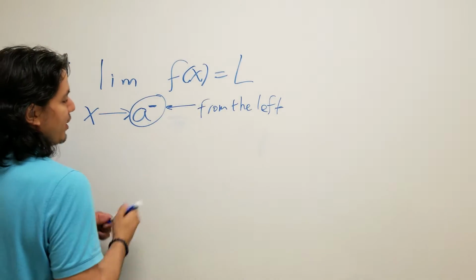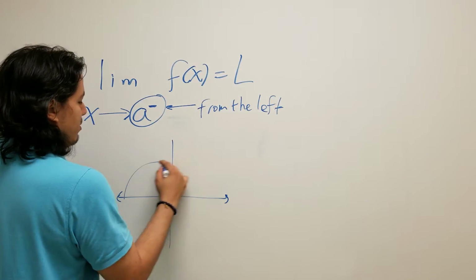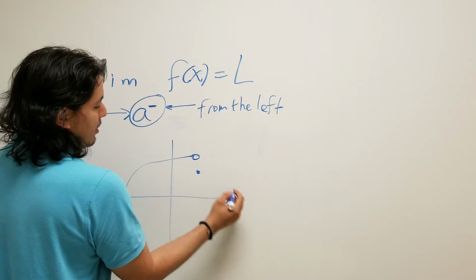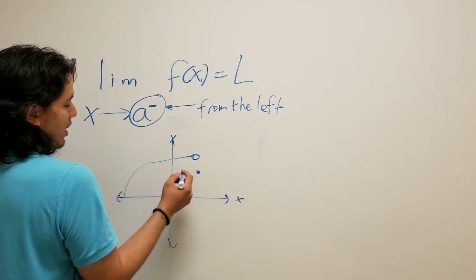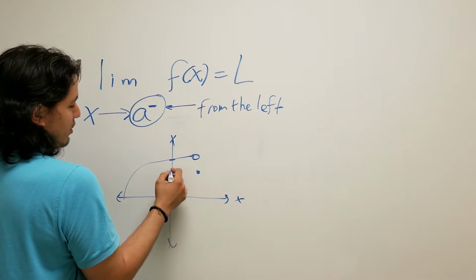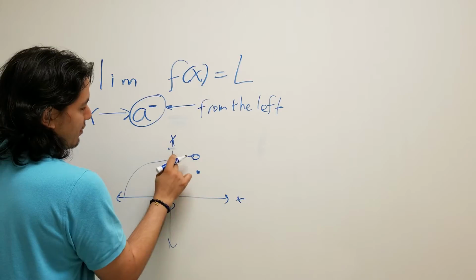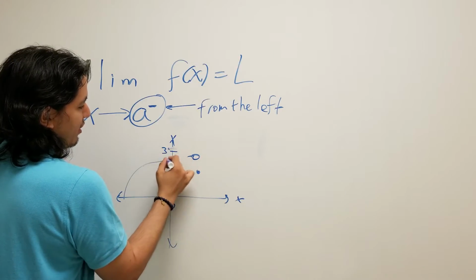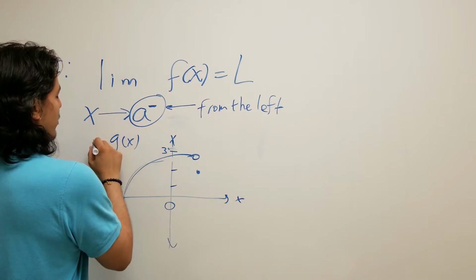So let's say we just had some random function, some line that goes, but it stops here, right? X, Y, 0, and this is at 1, 2, 3. Let's say we'll put the 3 right here. We'll call this g of x, which is y.